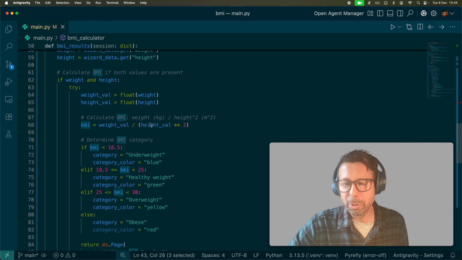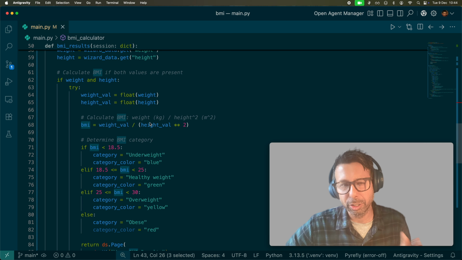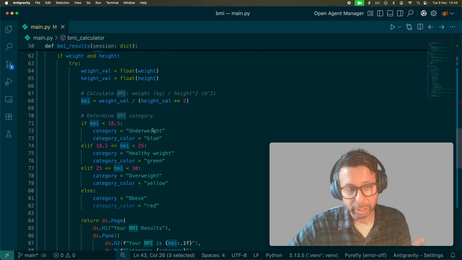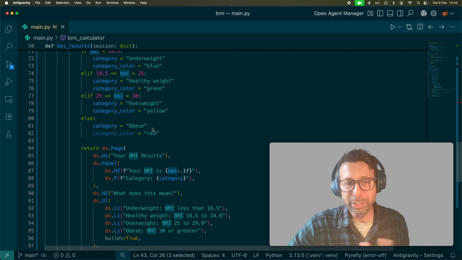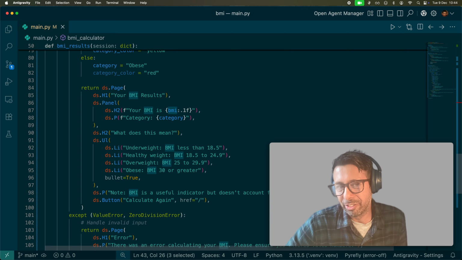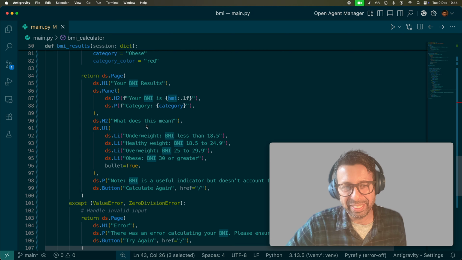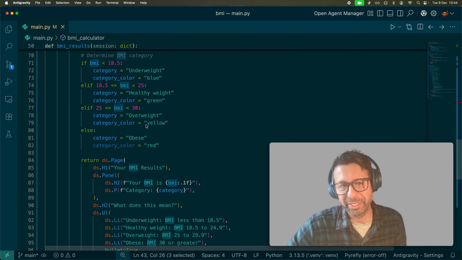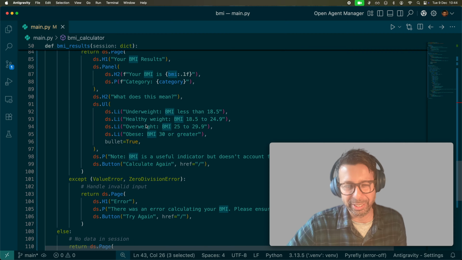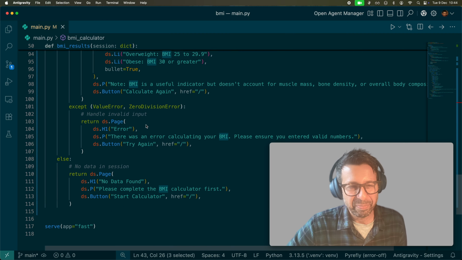So if I was reviewing this code, I would probably ask them to chuck this in a different function. The BMI computation should be in a different function. That would make this simpler. But once it's done that, it is displaying the results, right? And I mean, this bit is imperative, but it's fairly readable. I know exactly what it's trying to do.